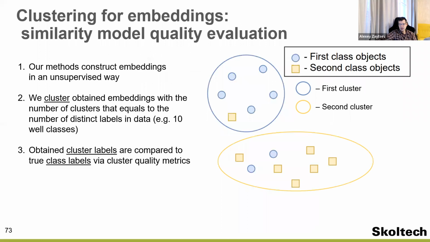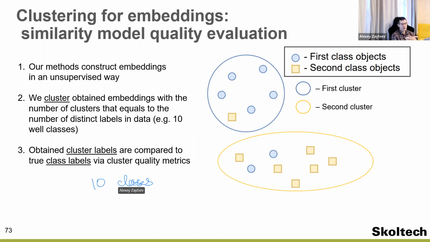Also, we tried a different approach to compare how well our self-supervised approaches work. And as we are focusing on distances, maybe it makes sense to have some clustering based on distances and see how this clustering is different from what we expect. To do this, we hired an expert, and our expert labeled wells and intervals with some labels here, and we have 10 classes in total.